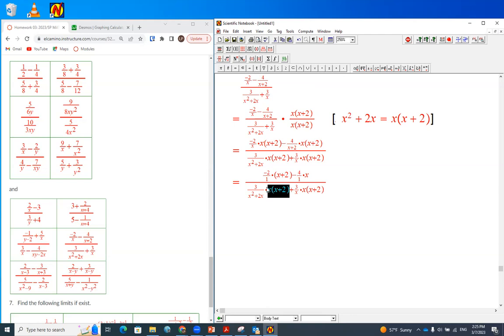So this is going to be 1, and that is going to be 1. And x will reduce with x. Okay? You can skip this line and do it on the scratch paper and then leave this form here. So -2, 4x, 3, and 3 times x plus 2.